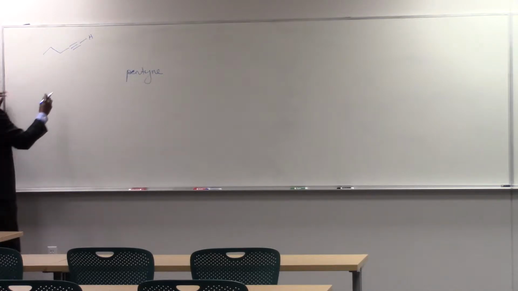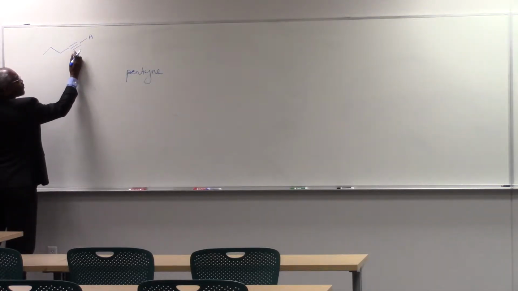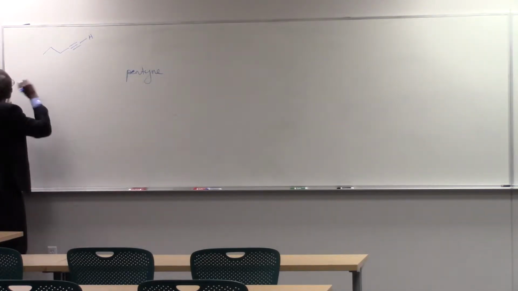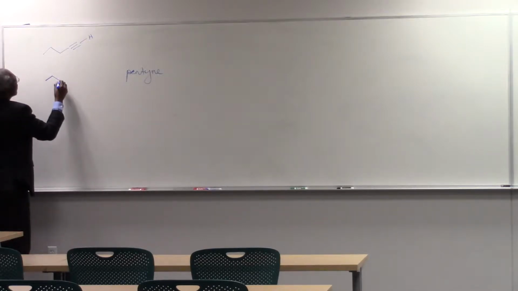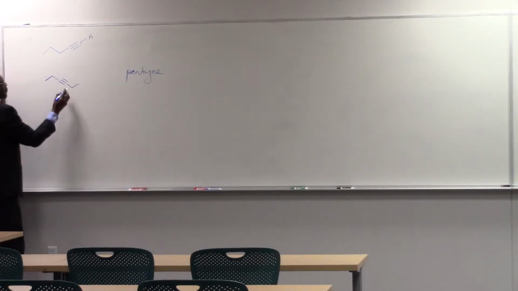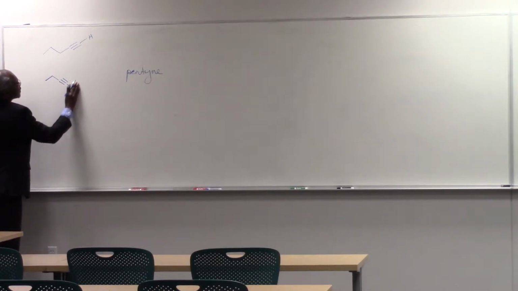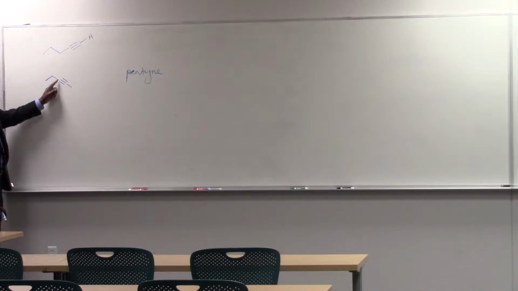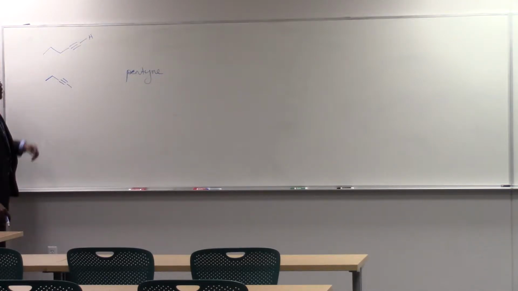I could have had a triple bond between carbons 1 and 2, which I have here. It could be between carbons 2 and 3, so 1, 2, 3, 4, 5, is one more. So the different pentynes.